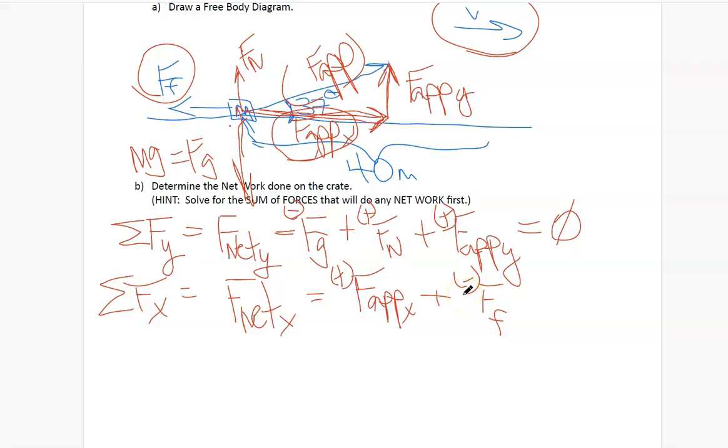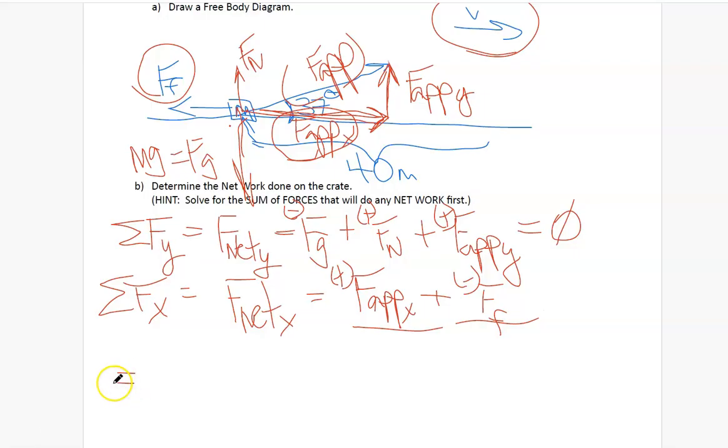And do we know that these are equal to 0? Well, they are probably not equal to 0, but we have ways of calculating it. So we can calculate both the applied force in the x direction, and we are given the frictional force. So let's actually calculate these.